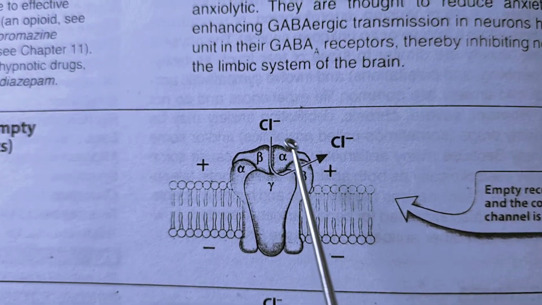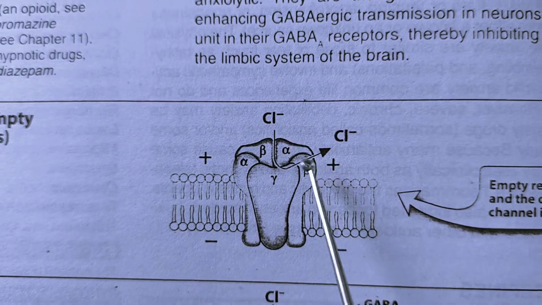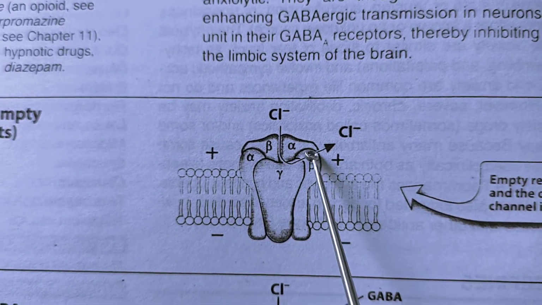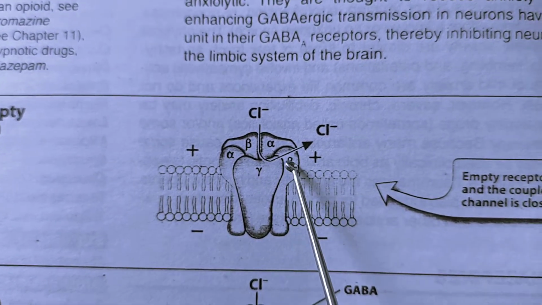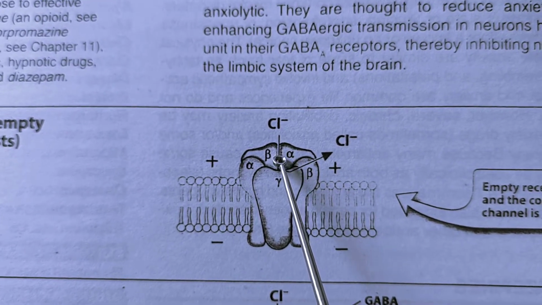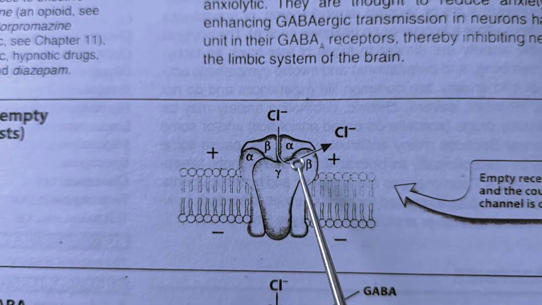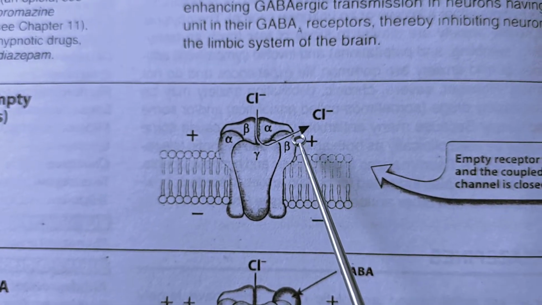It has 2 alpha subunits, 2 beta subunits and 1 gamma subunit. These 5 subunits of macromolecules form a complex through which there is a channel of transport of chloride ion from outside to inside.